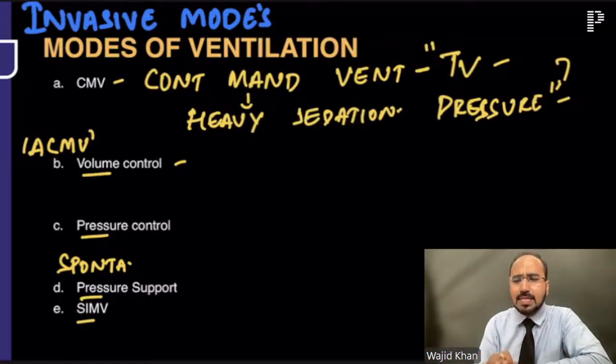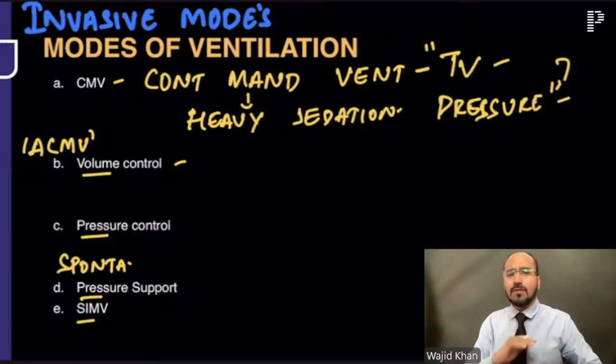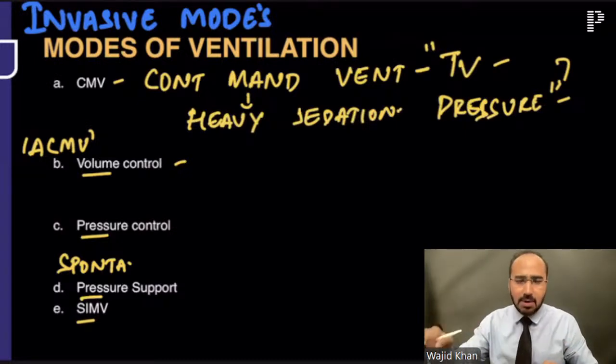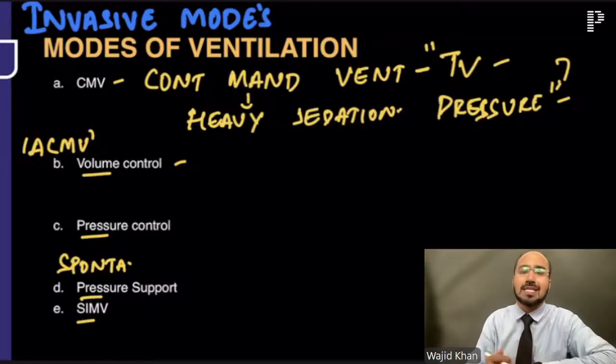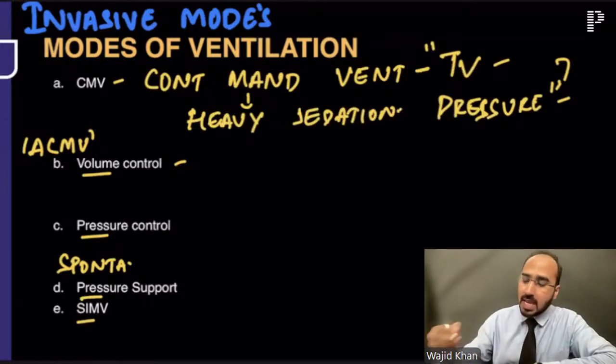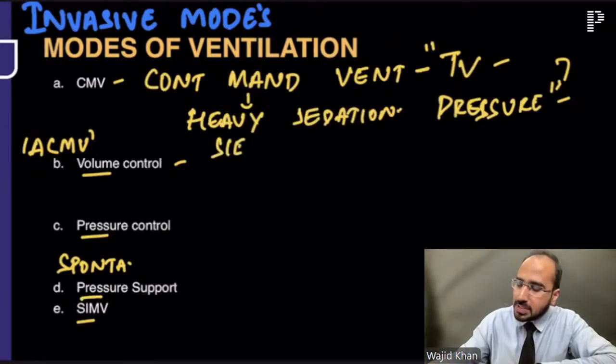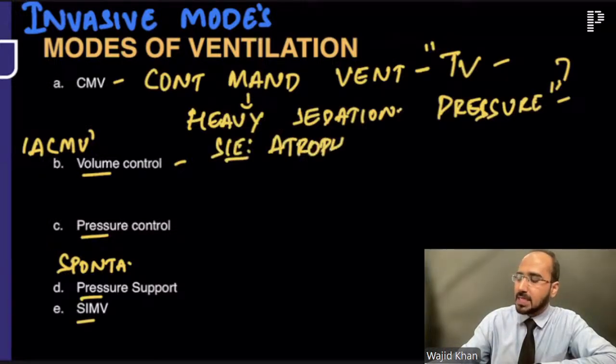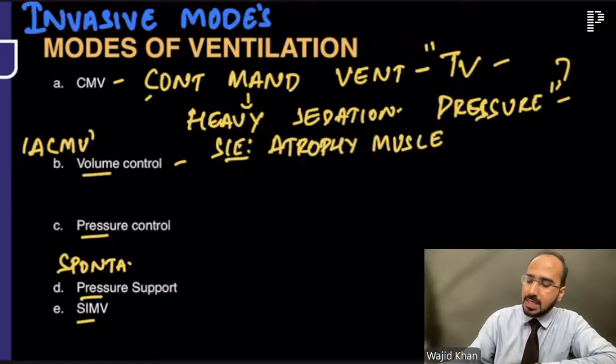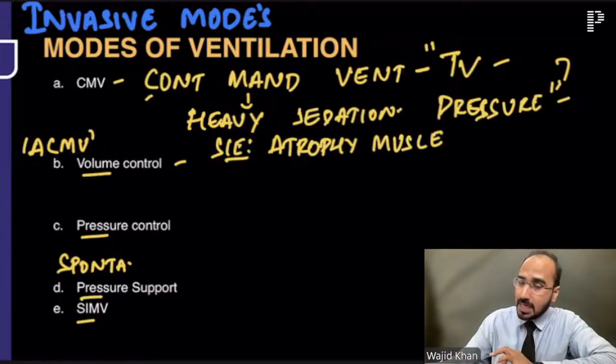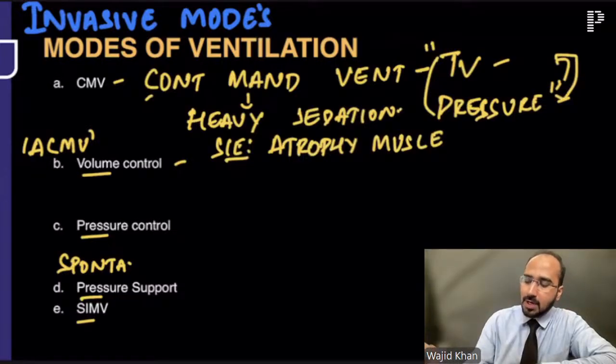Guys, if you go to and fro by a Tesla car only, you become lazy. Same in this mode also, the patient becomes lazy. He does not use his muscles. And due to that, the side effect you see of this mode is muscle atrophy. So continuous mandatory ventilation is where the ventilator controls 2 things together, tidal volume and the pressure.